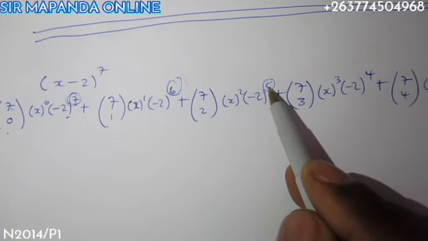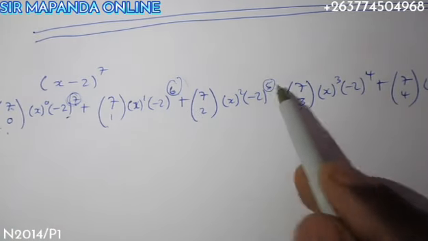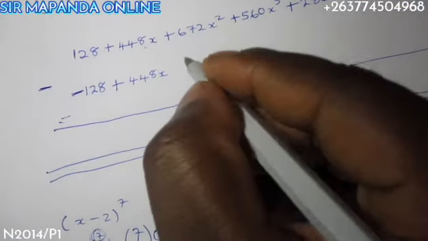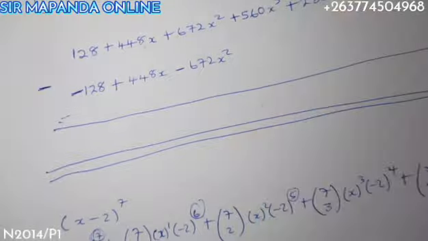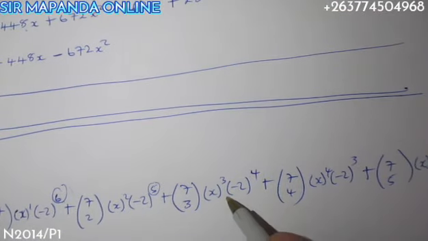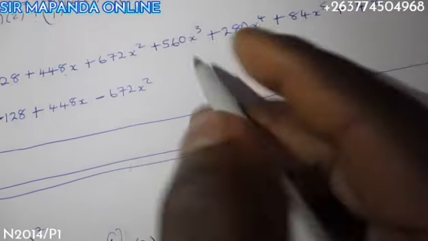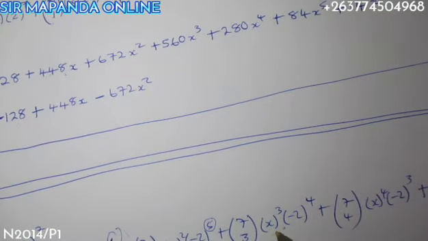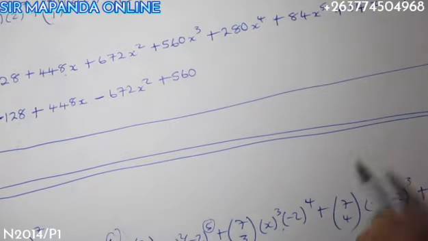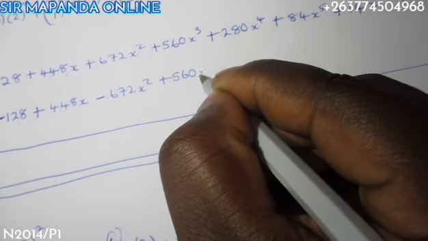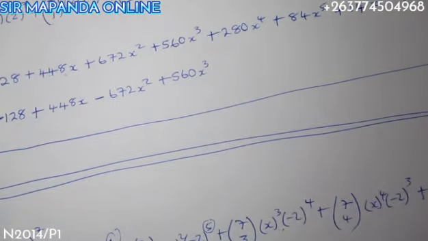Then on this one, it is going to be negative of the answer that we got above. So this is negative 672 x squared, and this one is going to be positive. So it means you have 560 x cubed.